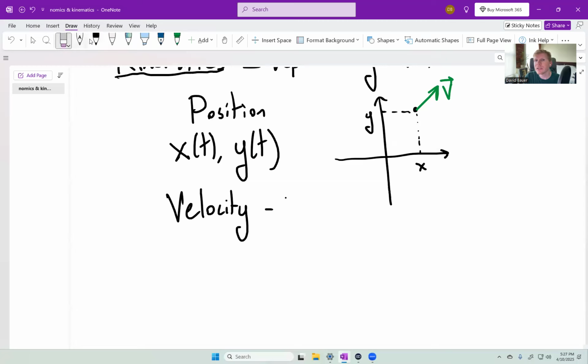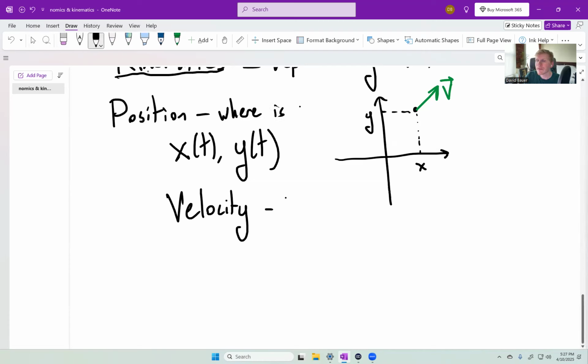The position tells us where our particle is. The velocity tells us how the particle is moving. And the velocity is a vector.